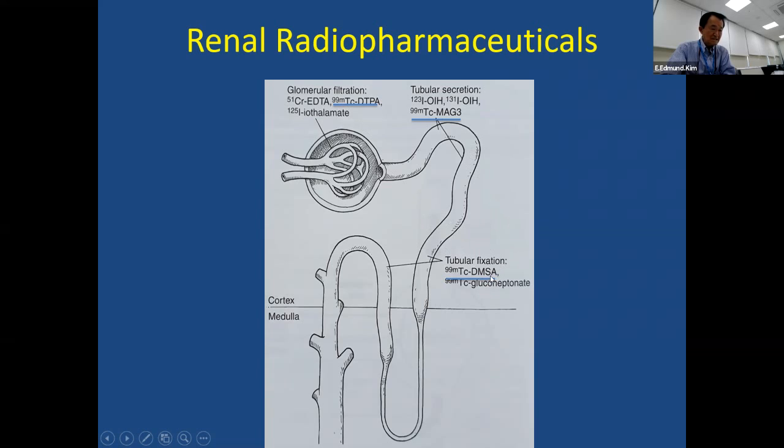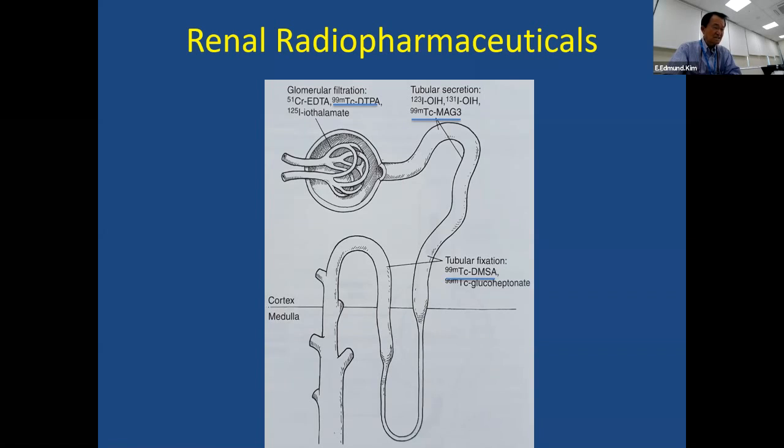So this agent has been used to evaluate cortical abnormality, cortical thickness, and cortical irregularity. In patients with pyelonephritis or glomerulonephritis, there is some scarring in the cortex.